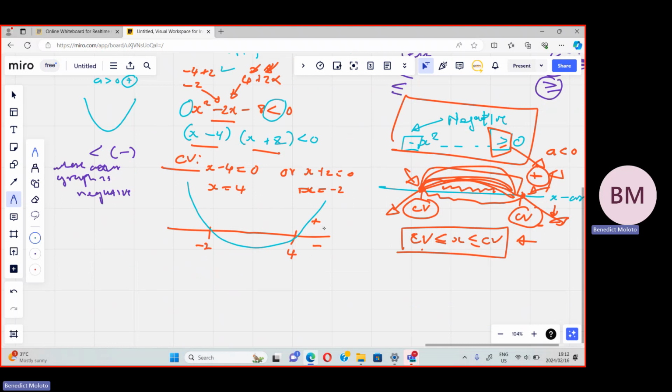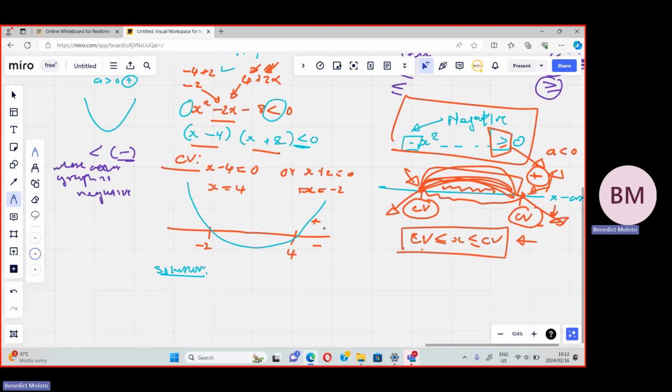After drawing, the sign comes in for interpretation of where your solution is. It says where our graph is negative, because it's less than.